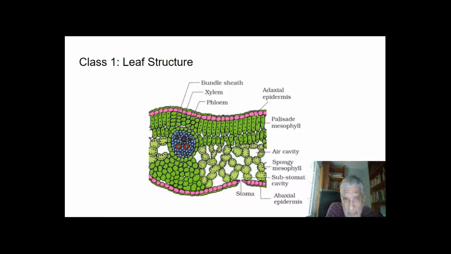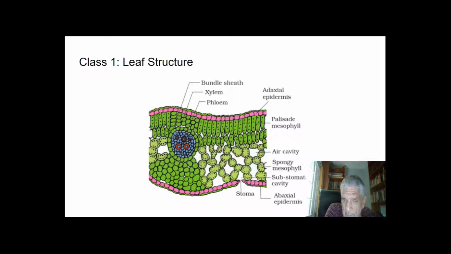Surrounding the vascular bundle, we have parenchyma cells. Parenchyma is basically packaging, although sometimes the cells can form collenchyma or sclerenchyma, and we'll look at that a bit later. And finally, we have the lower epidermis, or the abaxial epidermis.